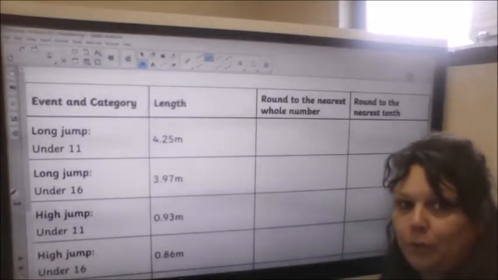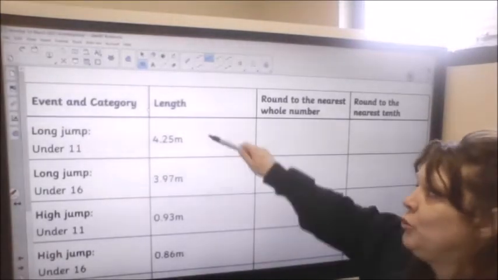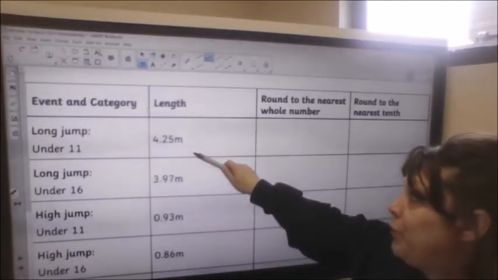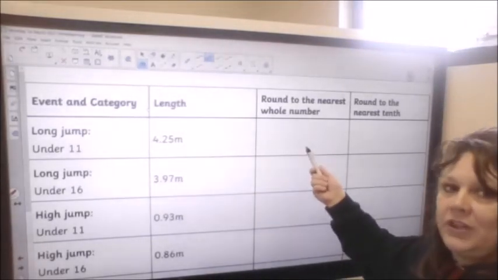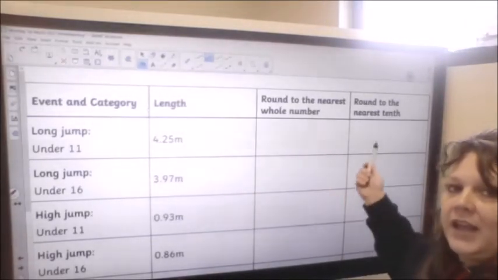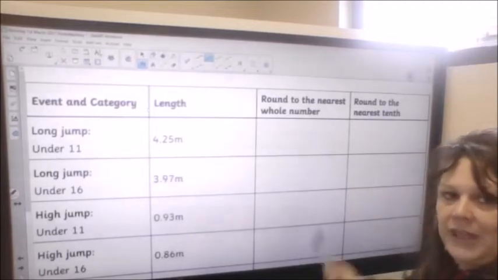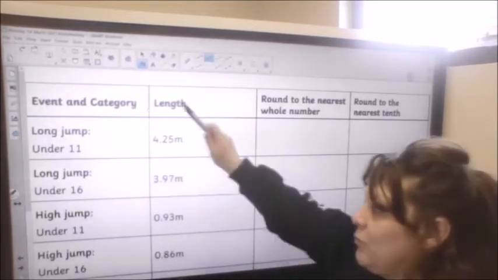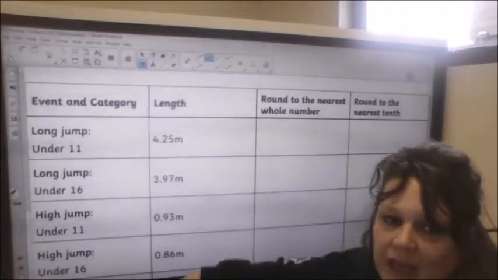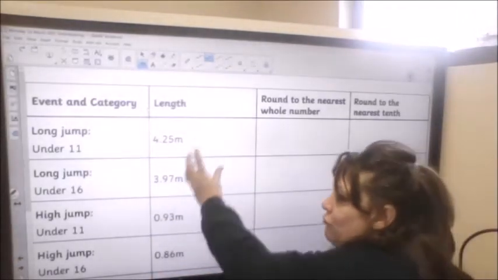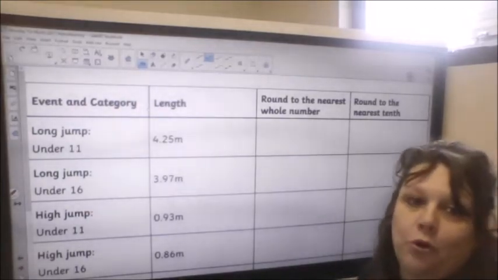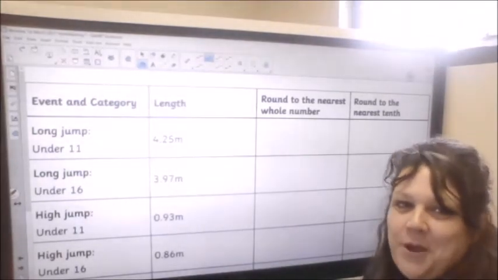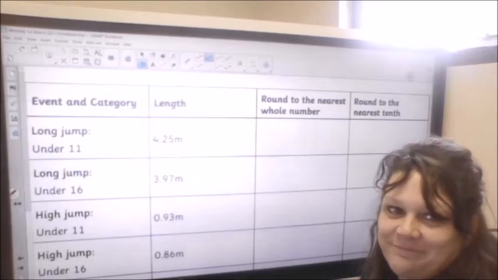So in your purple book, you will simply write 4.25 equals, and then round it to the nearest whole number, equals, and then round it to the nearest tenth. You don't need to write that it's the long jump or the high jump or anything like that. Just write those distances down and then round them for me. Okay, pause the video, have a go.